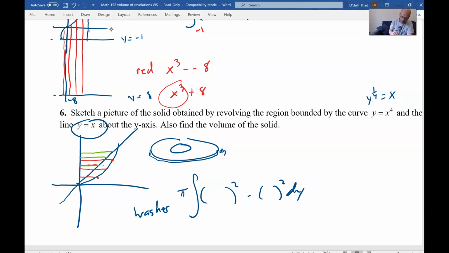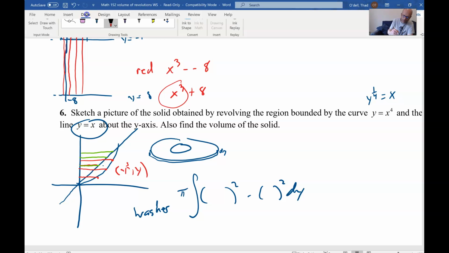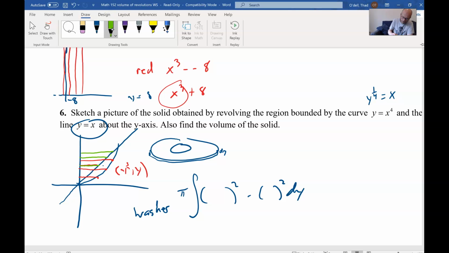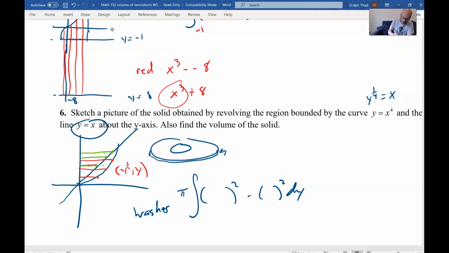Sorry. This would be y to the 1/4 comma y. Any point on the other line, that guy, that guy, that guy, would be y comma y, right? We went in terms of y because it's dy.